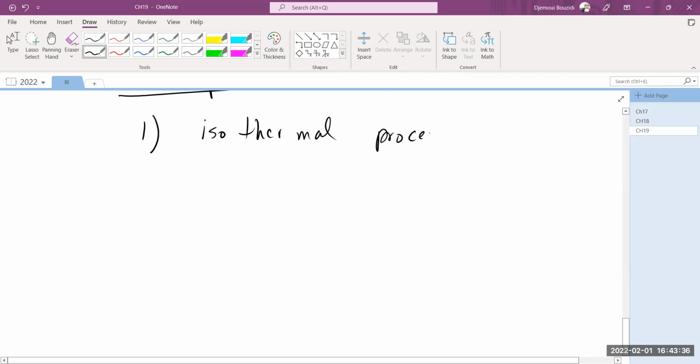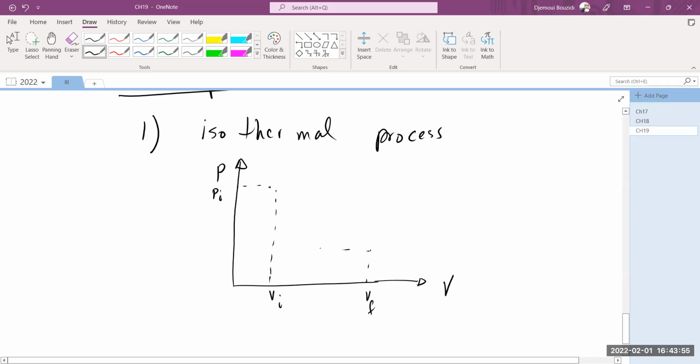In an isothermal process, the pressure and the volume change in such a way that my initial point in here, VI, and my initial pressure in here, PI, and my final point in here, VF, and my final pressure, PF, fall on the same temperature, T. T is constant.